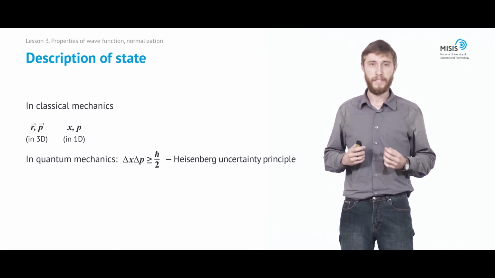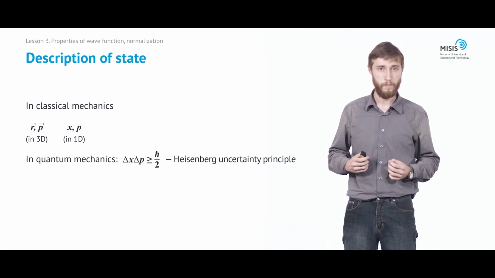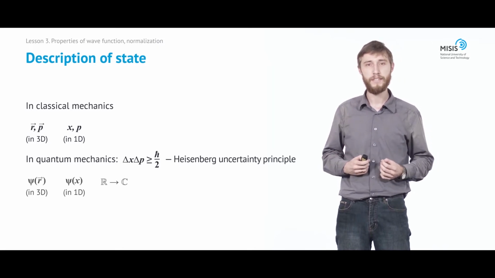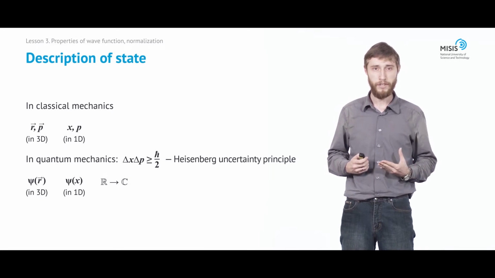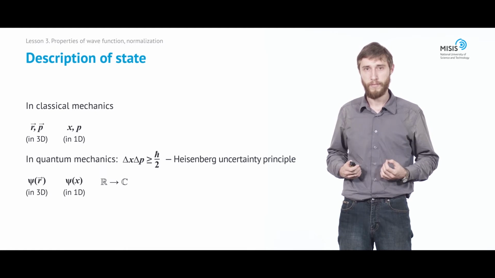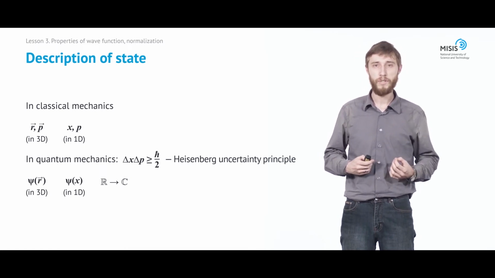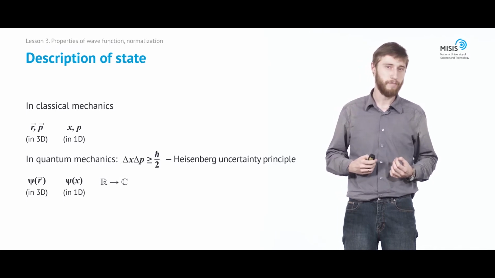This means that we have to invent some new description of the particle's state. And this new description is the concept of wave function, psi of r in 3 dimensions, or just psi of x in 1 dimension. For simplicity, we will work mostly with this one-dimensional case, at least in the beginning.